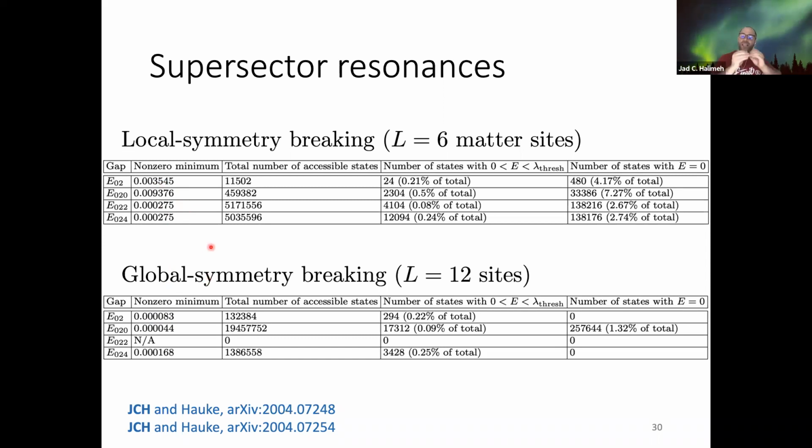So that means as you go to larger and larger sizes, your degeneracies will increase more and more. And this may be a balancing act to the decrease in these non-zero minima. But the bottom line is we cannot make a definitive statement about whether or not this staircase pre-thermalization will persist in the thermodynamic limit. But already this is quite interesting for the current system sizes accessible in modern experiments.